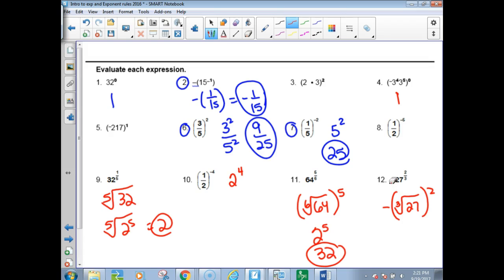That negative sign applies to what you're going to get at the end. You need to first do the cube root of 27, which is, you can look at your card if you're not remembering. Cube root, look in the 3's column. 3, and then you're going to square 3, and then you're going to apply the negative sign. So this is negative 9.